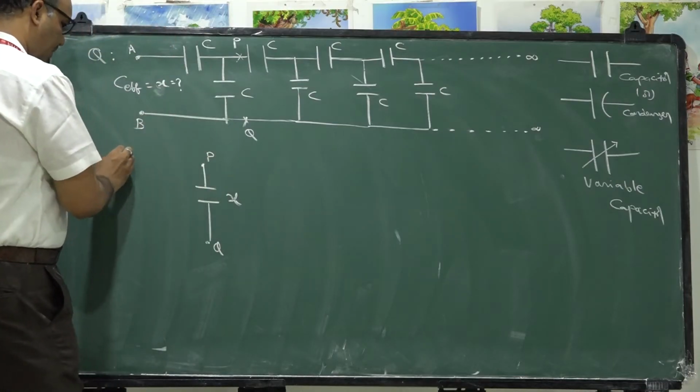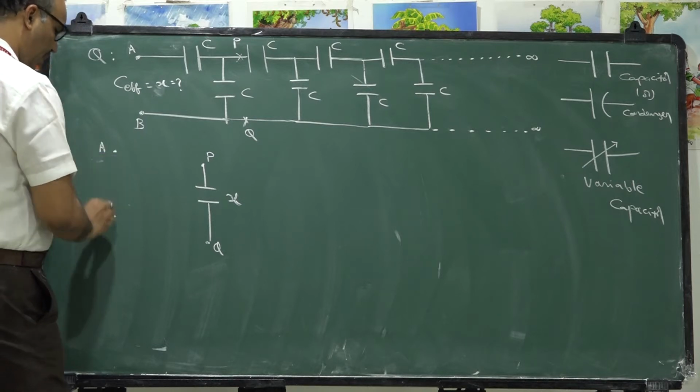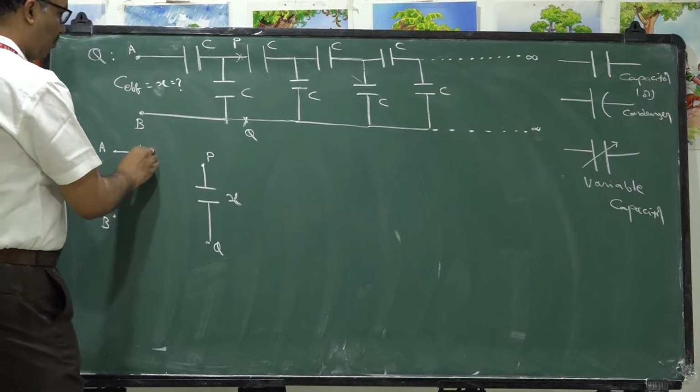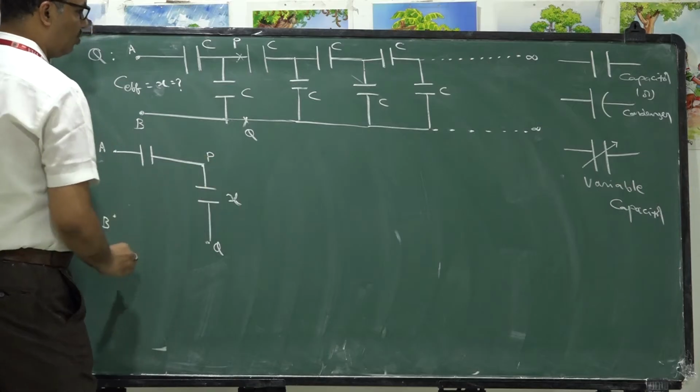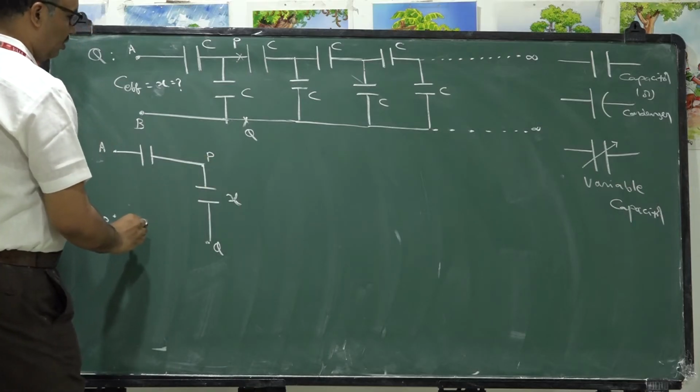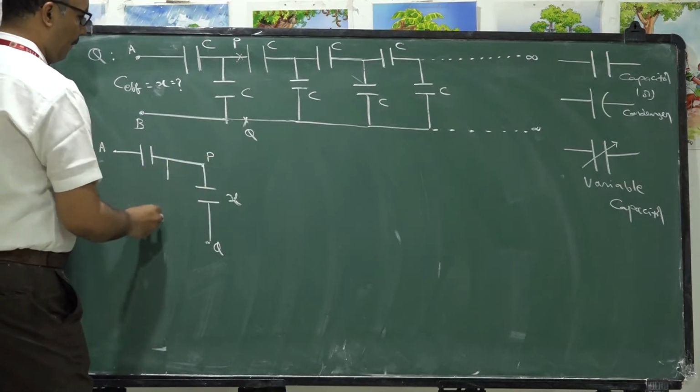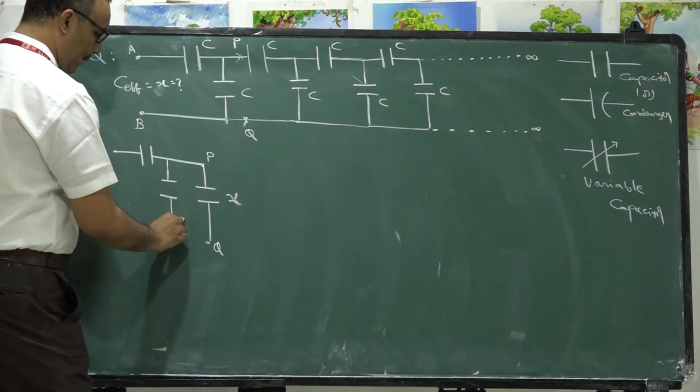Now, if I draw this portion A, B, here is one capacitor attached to this like this, and here one more capacitor is there.